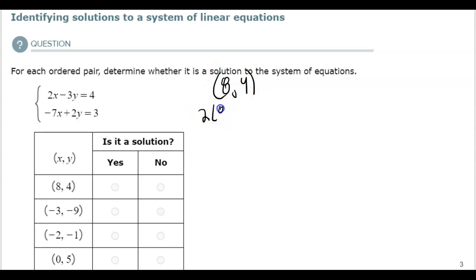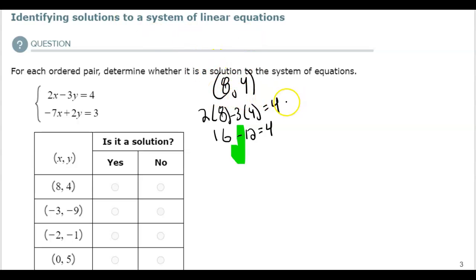Everywhere I see an x, I'm going to put an 8, and everywhere I see a y, I'm going to put a 4. So I have a good one here.